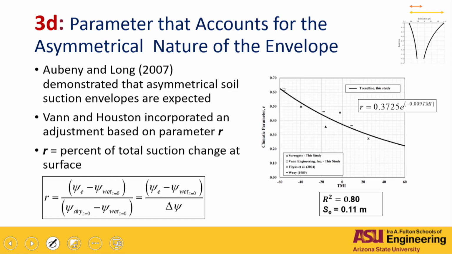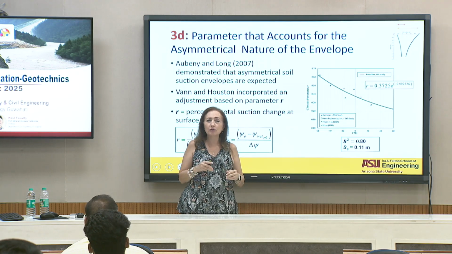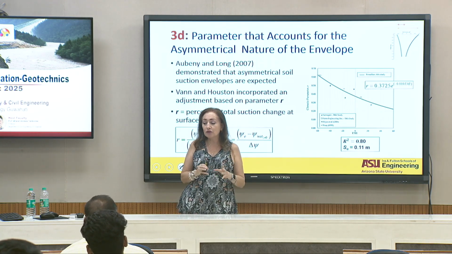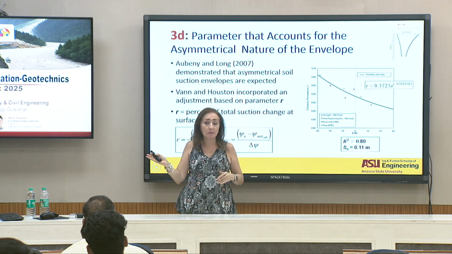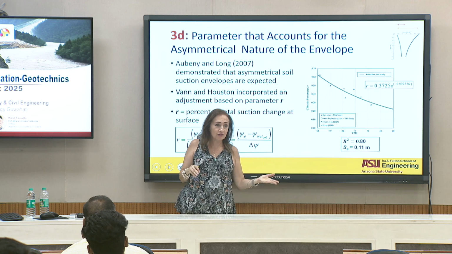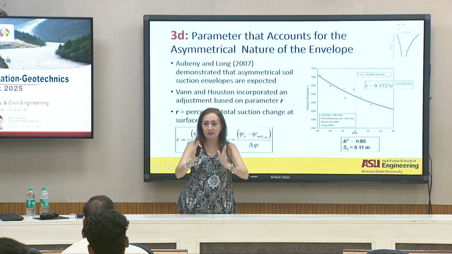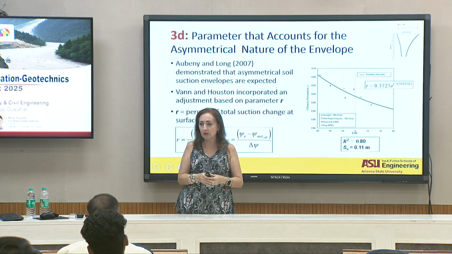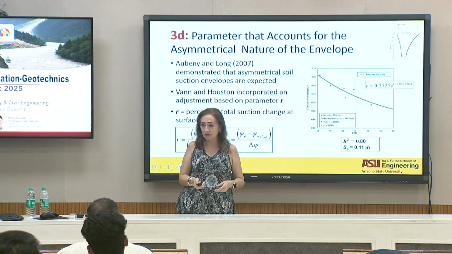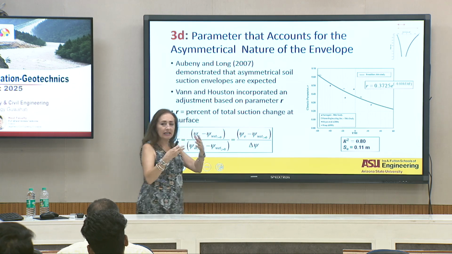And also they found a parameter that accounts for the asymmetrical nature of the envelope. They based their work on Ouyang and Long, who in 2007 demonstrated that asymmetric suction envelopes are effective. Before 2007, everybody was using a very symmetric envelope. Some of the good work available is from the Australian and South African people, okay? So that was a step forward.